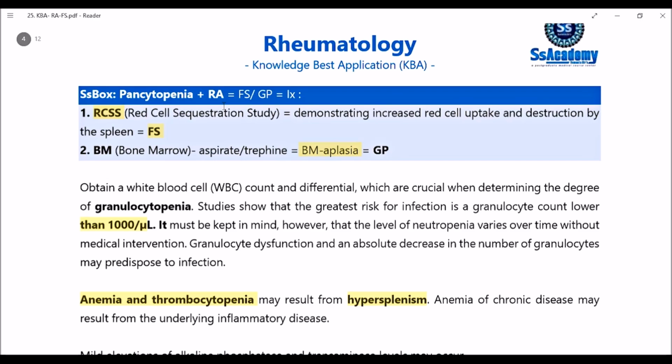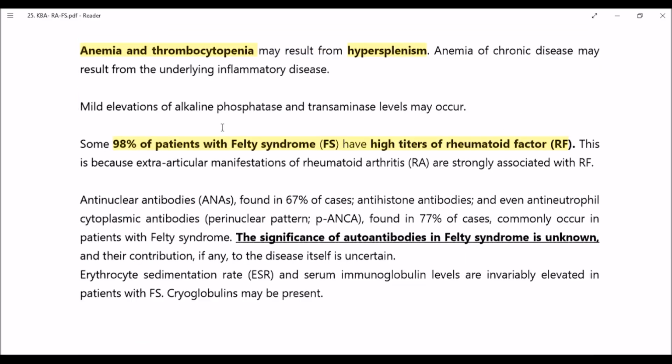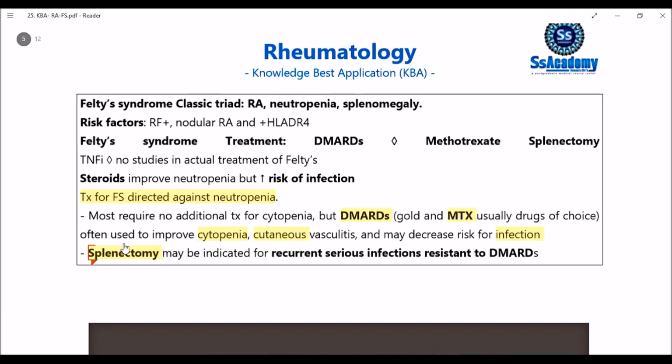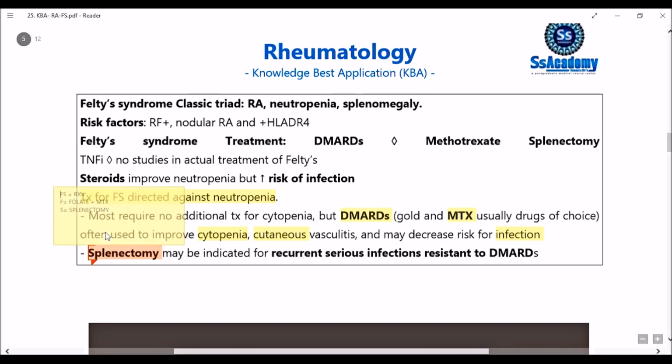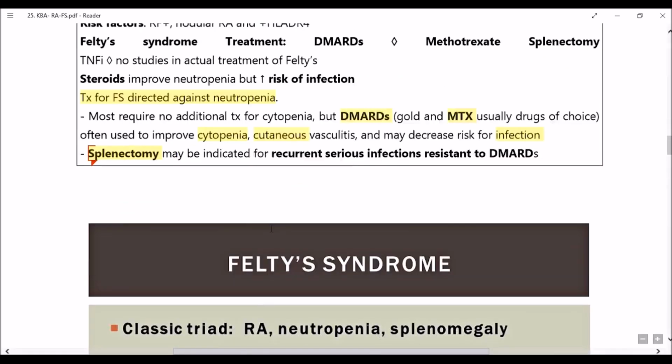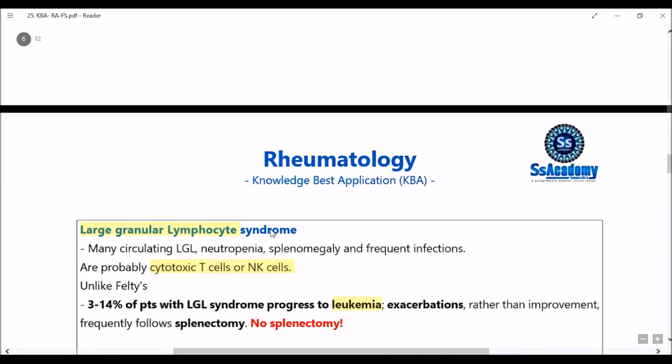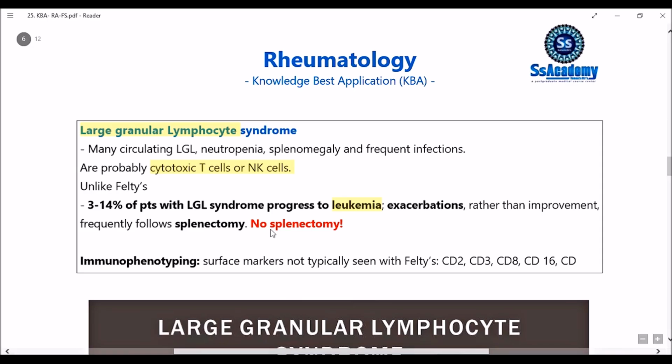The diagnostic tests for Felty syndrome are a splenic sequestration study and also the bone marrow study. The treatment for Felty syndrome, once again, is folate first line, and also MTX and splenectomy. Then LGL syndrome, once again, has LGL cells in the peripheral blood, but no splenectomy.